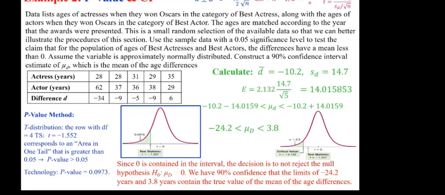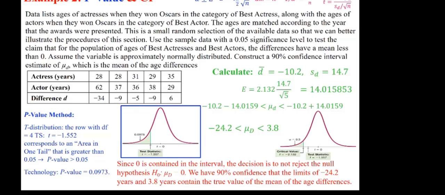Since 0 is contained in the interval, the decision is to not reject the null hypothesis H0, mu sub d equals 0. So we are 90% confident that the limits of negative 24.2 years and 3.8 years contain the true value of the mean of the age difference.